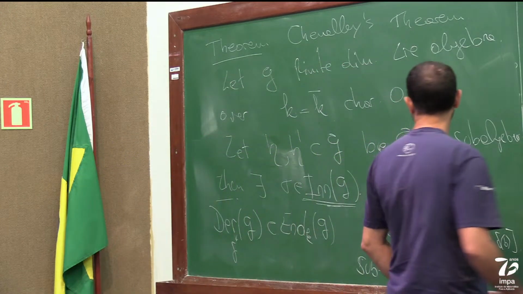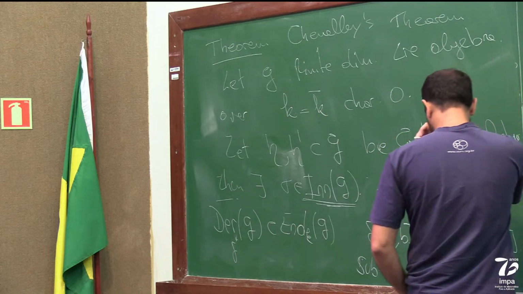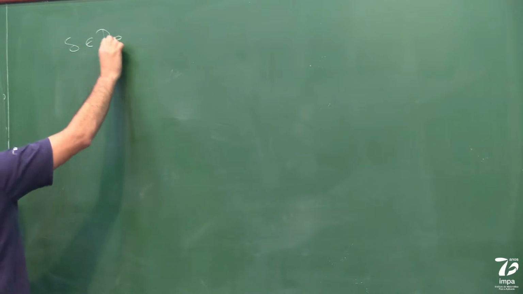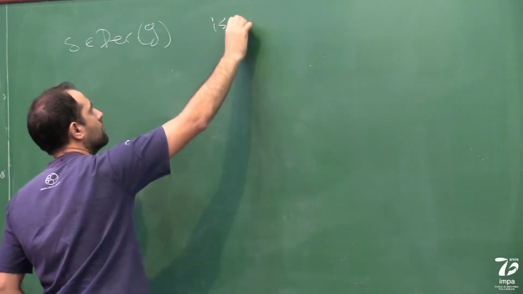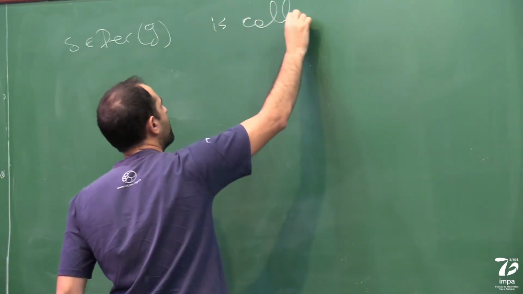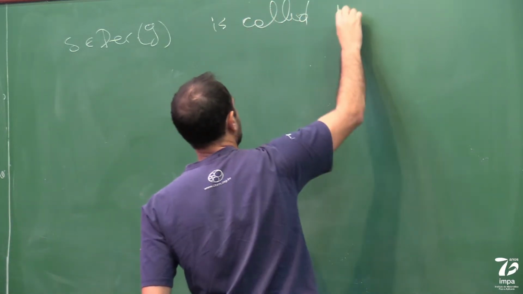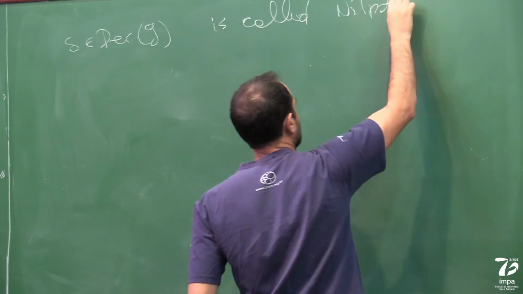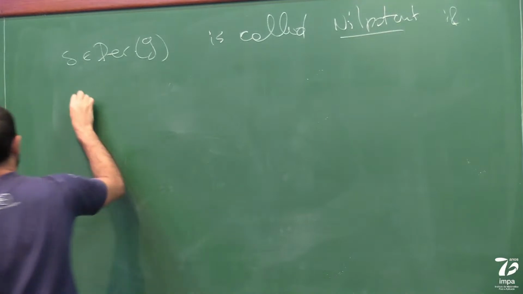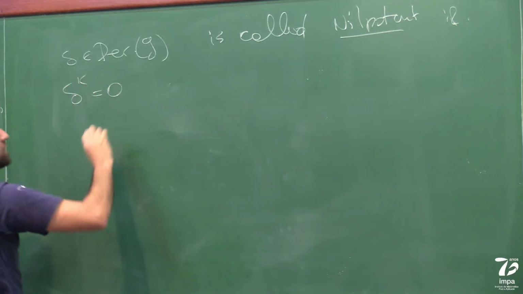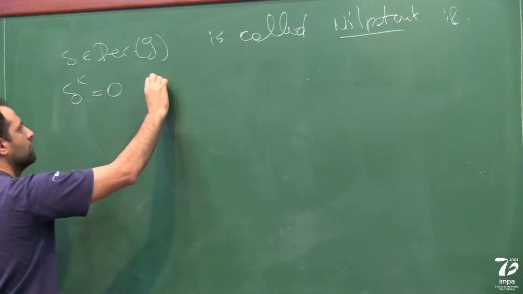Now, let's take some derivation of G. It's called nilpotent if it's nilpotent as an endomorphism, if delta to the k is equal to 0 for some k.